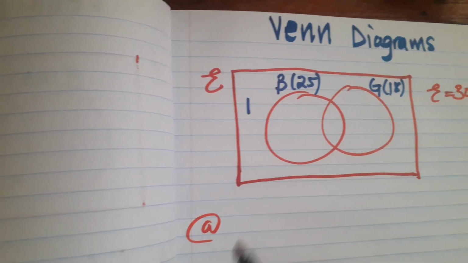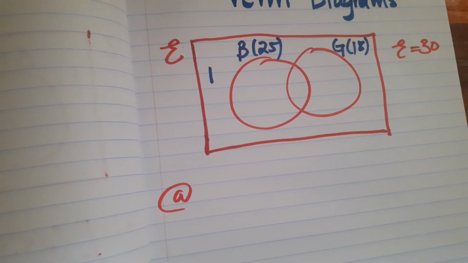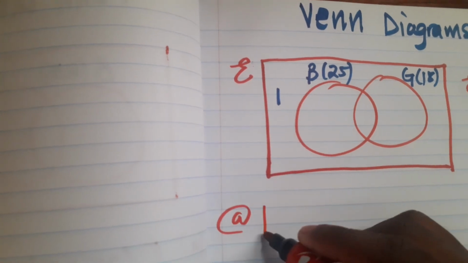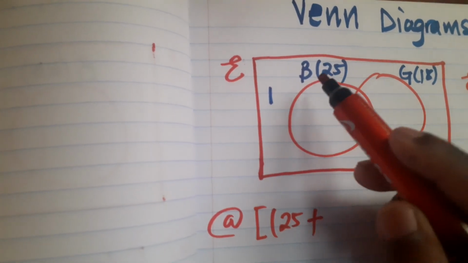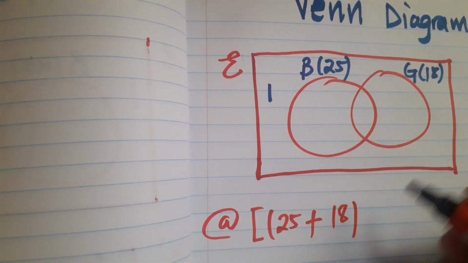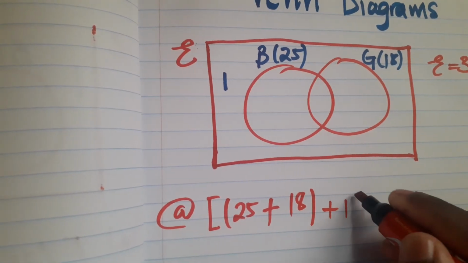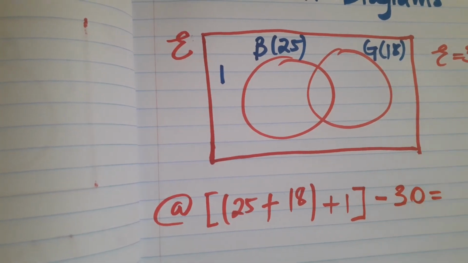Let's look at letter A. We want to find the number of students who study biology and geography. So the first thing to do, we use square brackets, and then we have 25. The 25 is for biology, and then plus 18. The 18 is for geography, and then plus 1, and then minus 30.